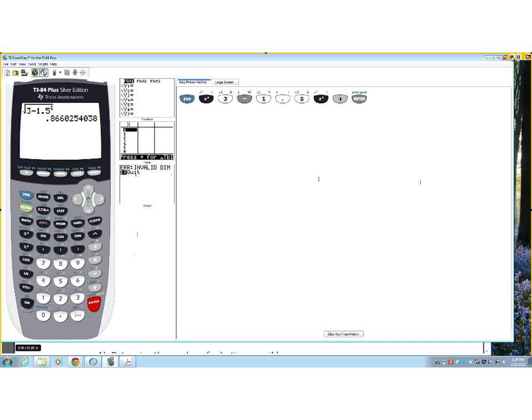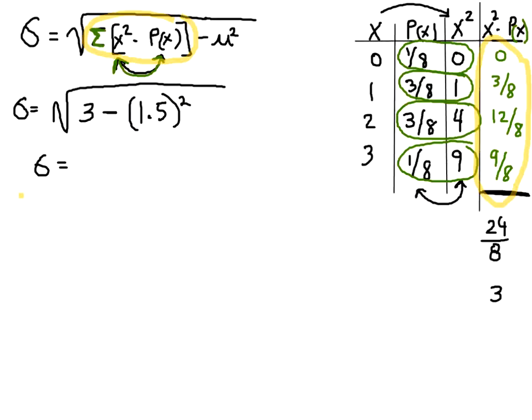Okay, so you've all typed out what I have there, 0.866, good. 0.866025, and then it continues. So I'm going to say that that's 0.9. The discrete random variable is whole numbers, so I'm going to round this to one more place than what we see here, the 10th place.